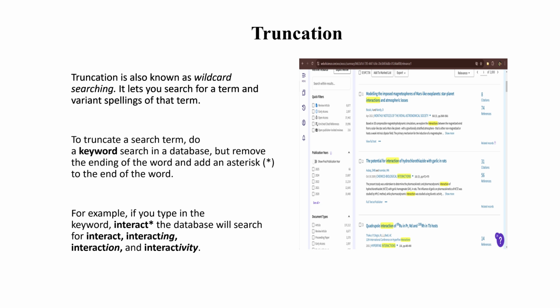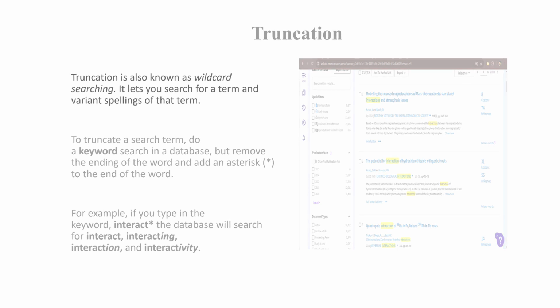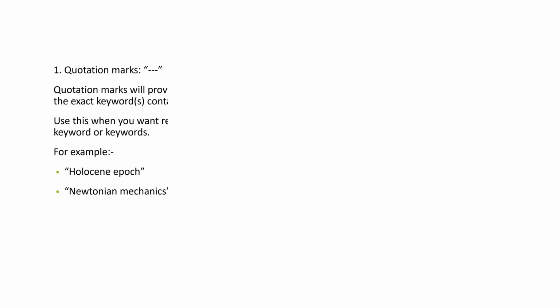There are a few other search operators which are very important in actual search, and these are the quotation mark sign and brackets. Quotation marks, if we put them in a search query, make the computer understand it as a complete phrase.